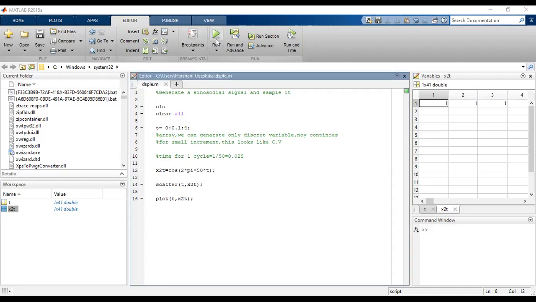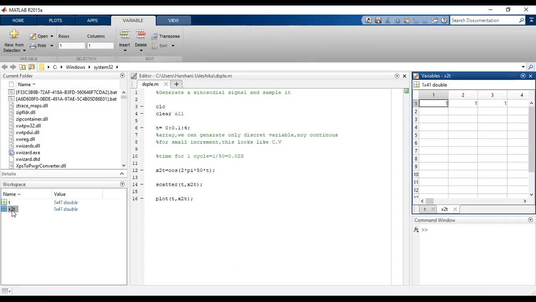what happened here again? 0.1. All these are one again. Yes, again these are ones. No? This is 0.2.